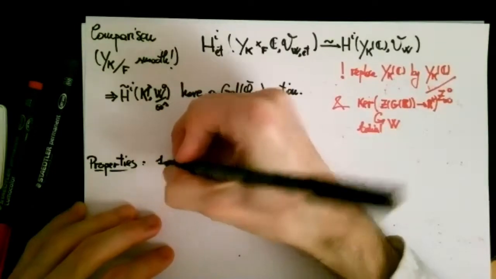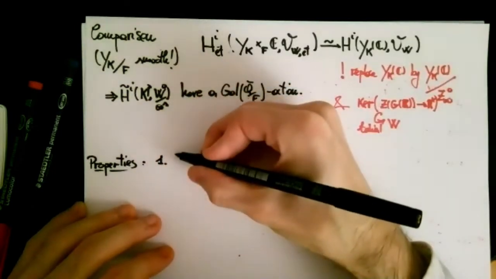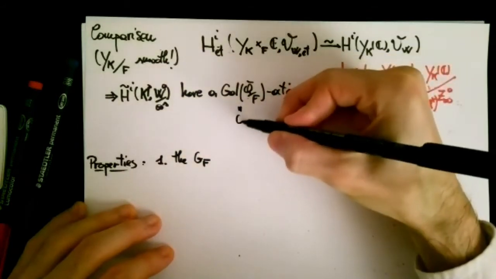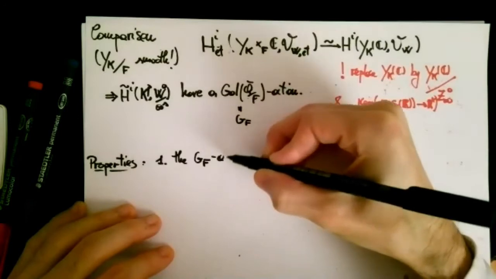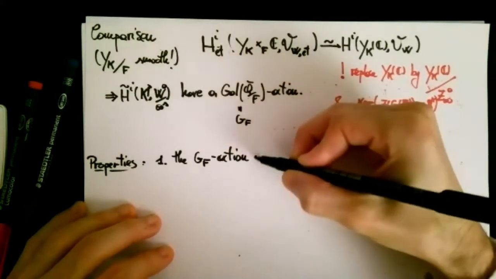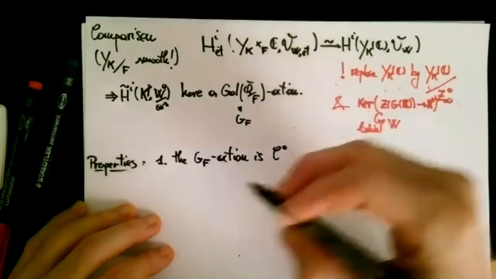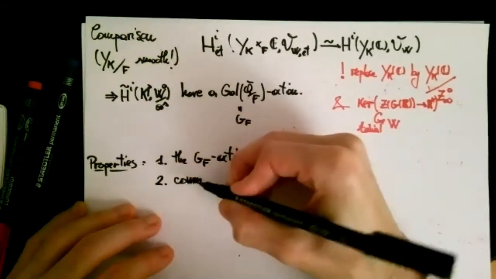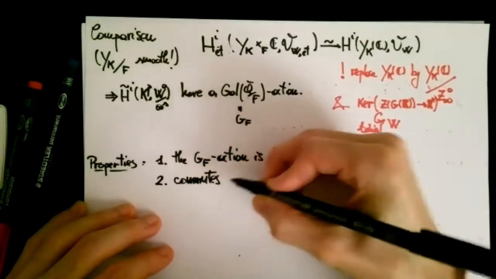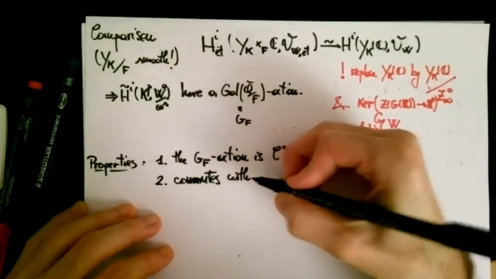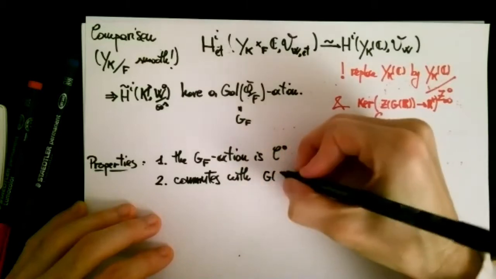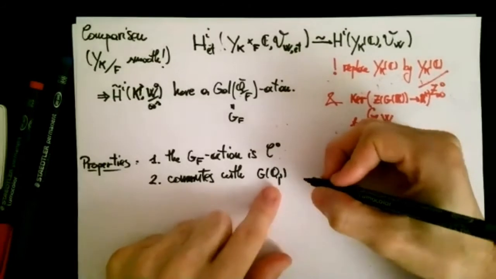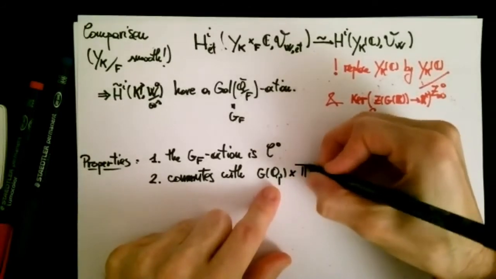So first of all, the G_F action is continuous. It commutes with the previous actions that we had, so the reductive group action and the Hecke action.